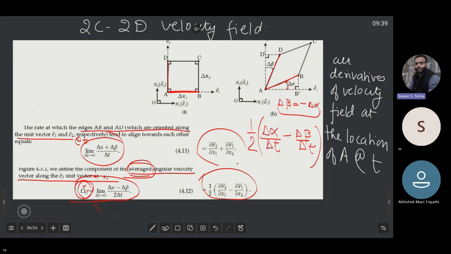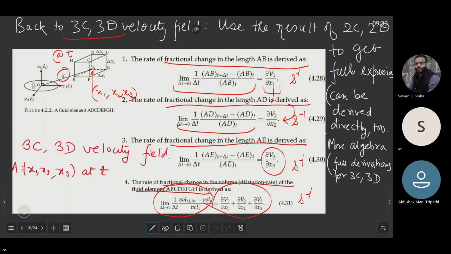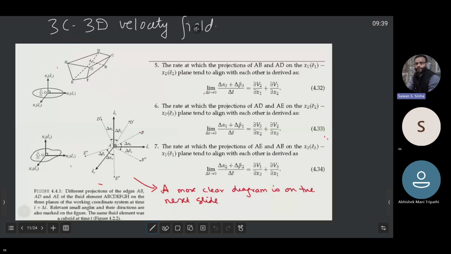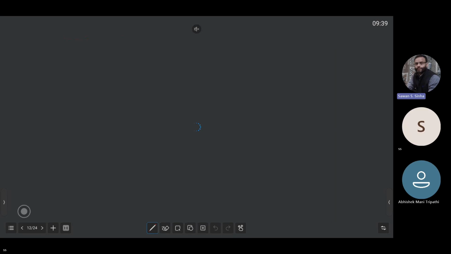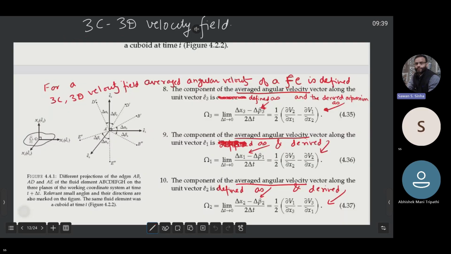But for a 3C, 3D velocity field, the other two components of the vector, omega 1 and omega 2, will also be non-zero in general, and the expressions are here. The component of the average angular velocity vector along the unit vector E3 is defined in this way and derived like this, same as 2C, 2D. So there is nothing new here, but the other two components are new.